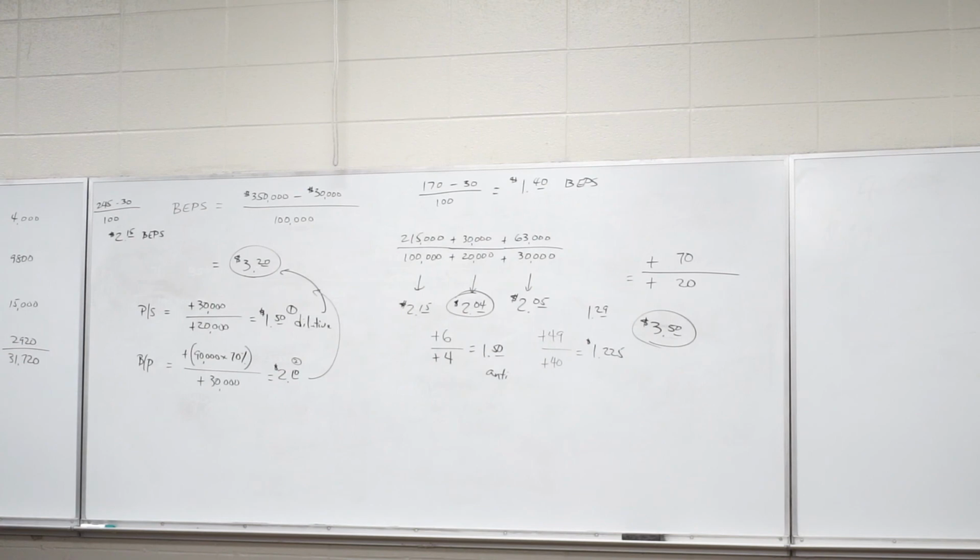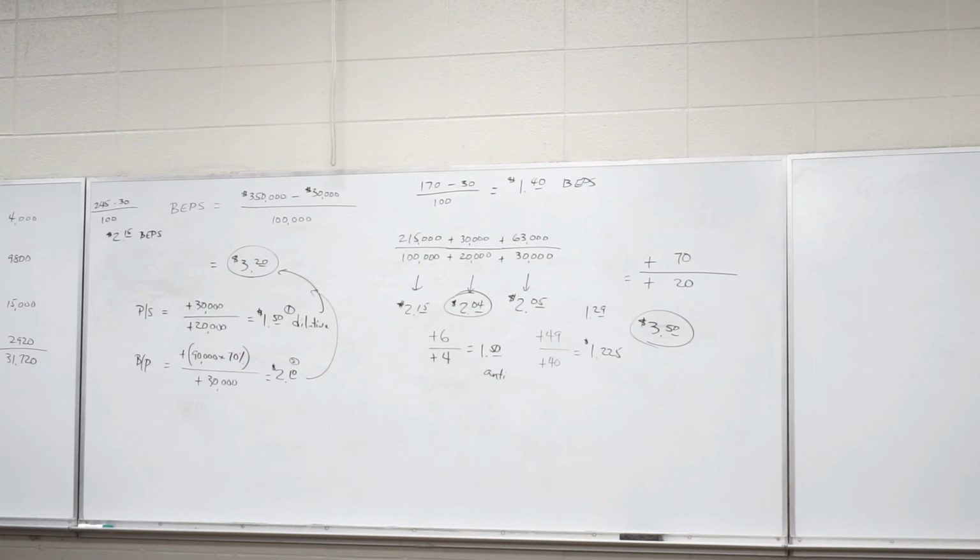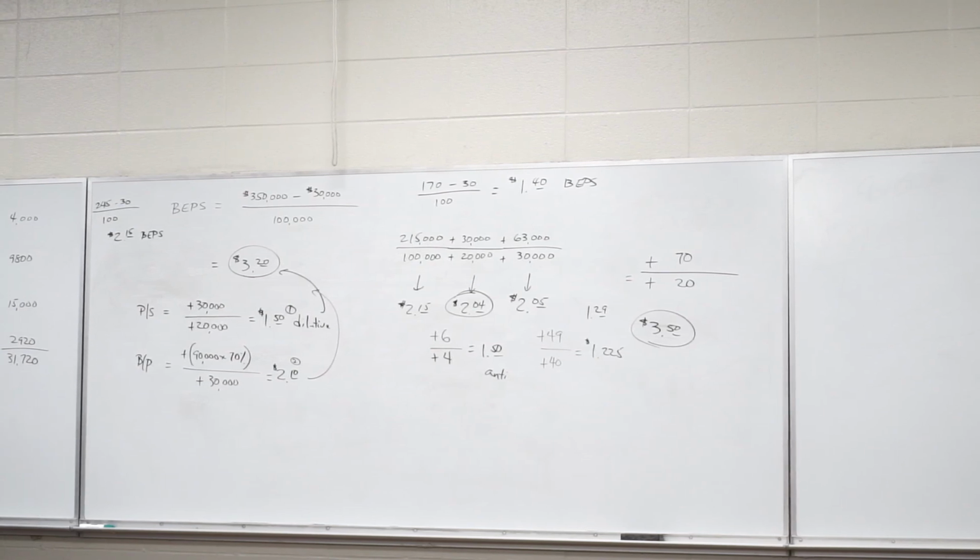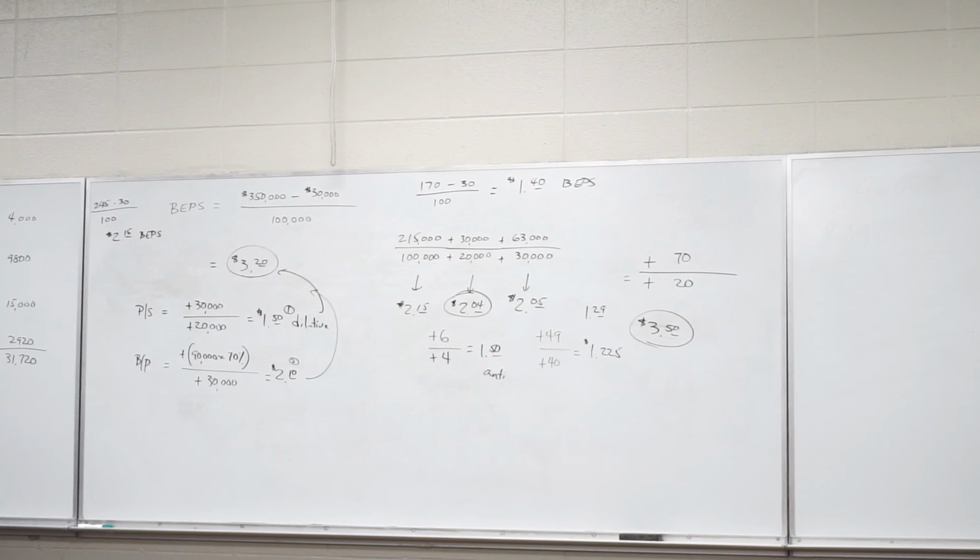Okay, look at number 18. In computing diluted EPS, the equivalent number of shares of convertible preferred stock is added as an adjustment to the denominator, the number of shares outstanding. If preferred stock is preferred as to dividends, which amount would be added as an adjustment to the numerator?